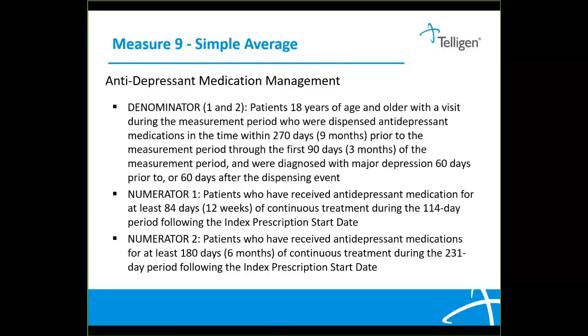Numerator 1 is patients who have received the antidepressant medication for at least 84 days of continuous treatment during the 114-day period following the prescription start date. And then numerator 2 is patients who have received the antidepressant medications for at least 180 days of continuous treatment during the 231-day period following the prescription start date.